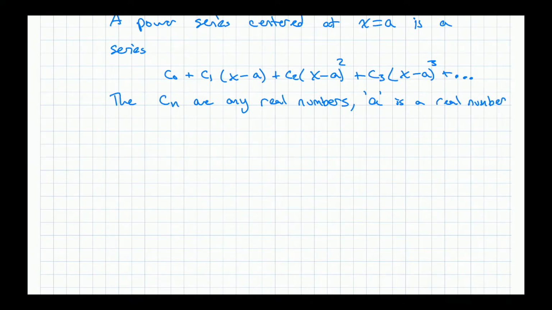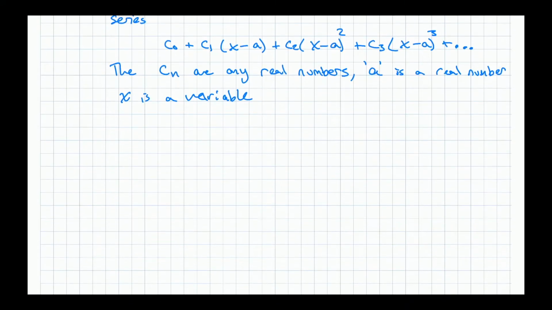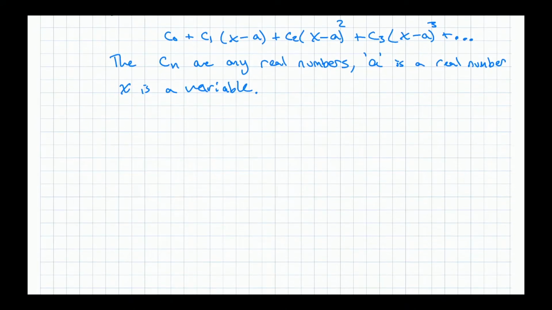It is the number where the power series is centered. And the x is a variable. You're actually going to see that in the formula as an x. x is a variable. So if you don't have a variable like that, then it's not a power series. Okay, it's just a series. So what does a power series look like then?